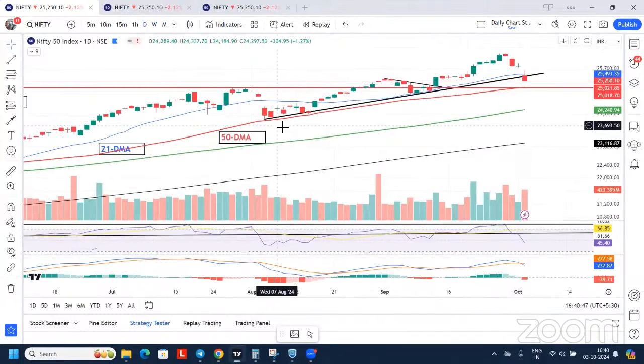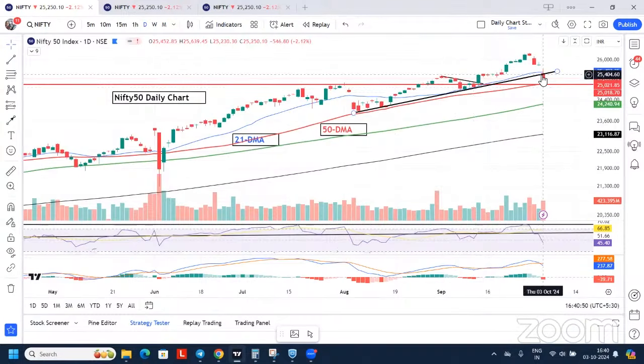Coming down to the daily chart, today it has breached the 21 DMA, as I said, and also there was crucial support around the 25,500 to 25,400 level. But today there was a gap down, and a one-sided fall to the downside.